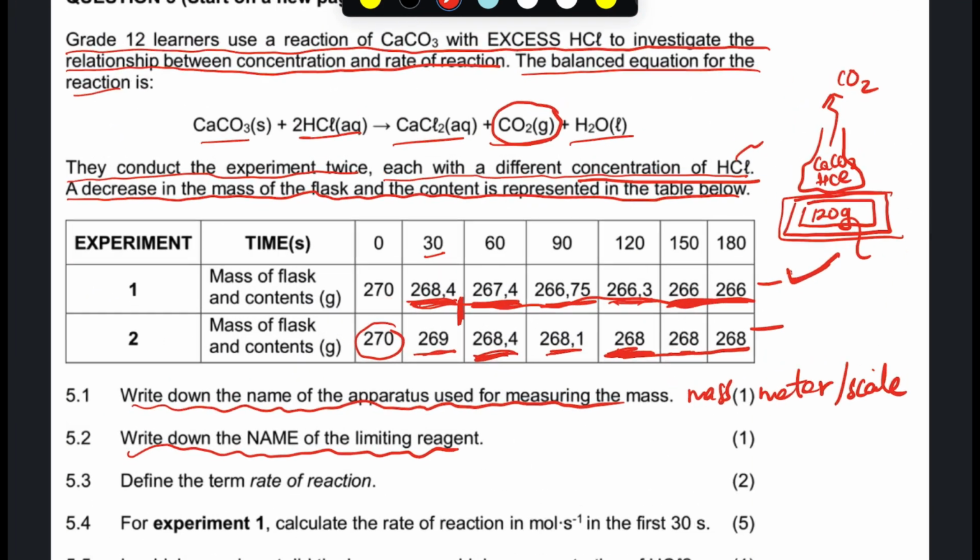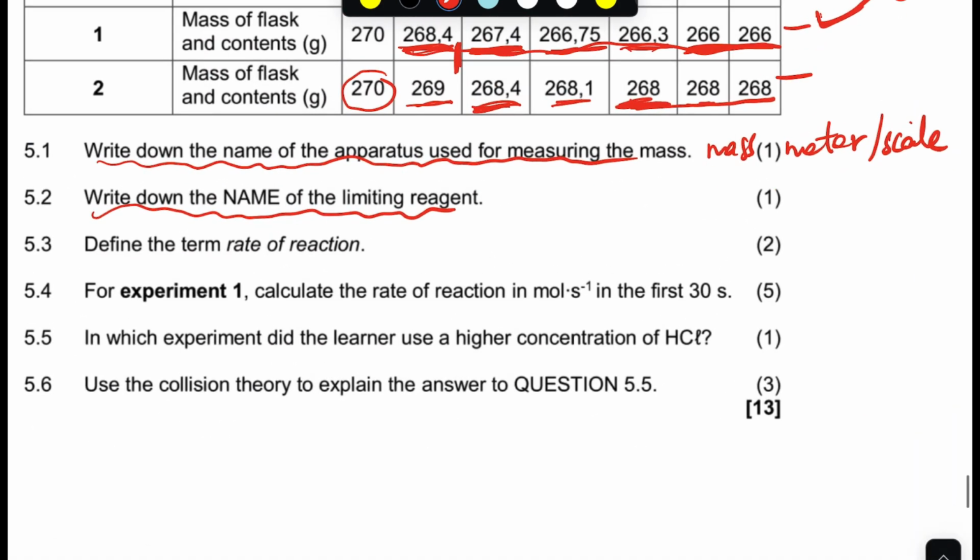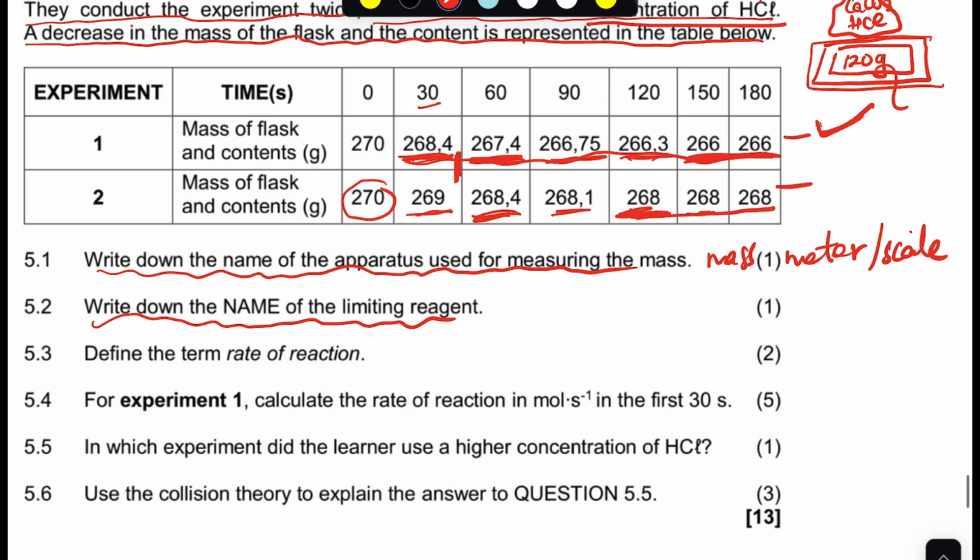We're told that the learner reacts the calcium carbonate with an excess of HCl. So the HCl is in excess. That simply means that the calcium carbonate needs to be the limiting reagent, right?